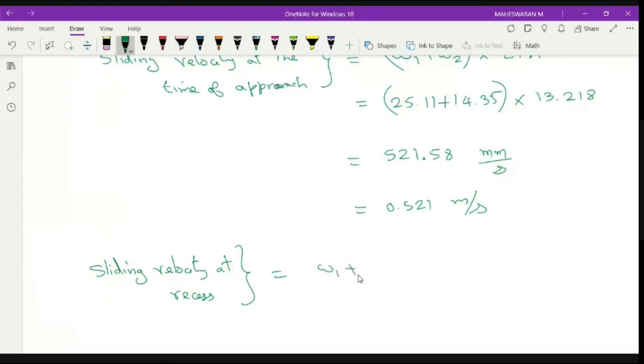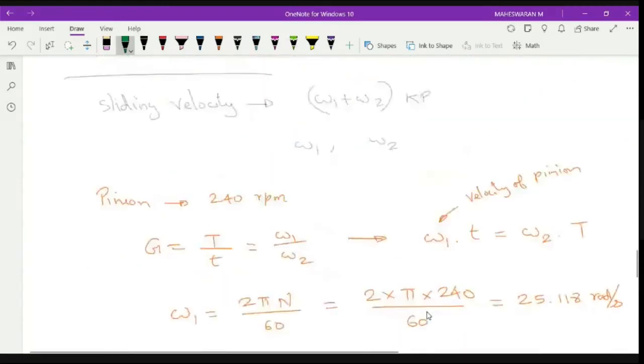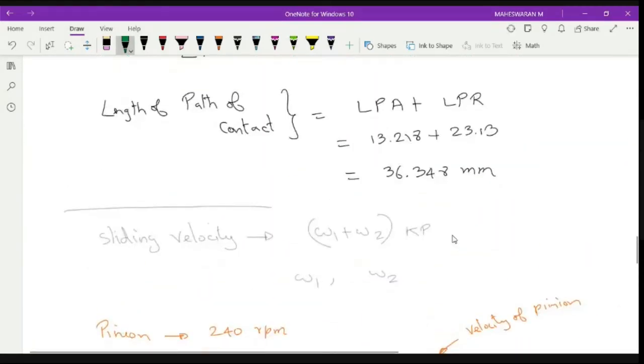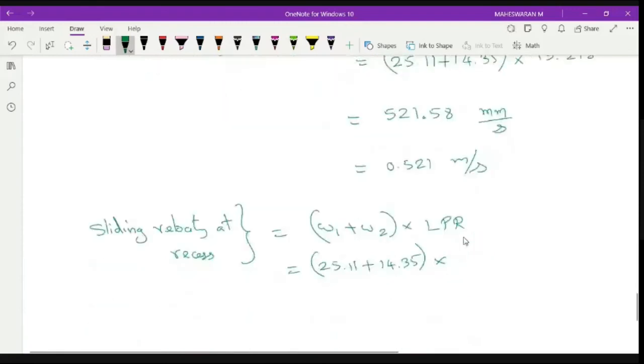Same, omega 1 plus omega 2 into LPR. That is the difference, right? Which is equal to 25.11 plus 14.35 into LPR is 23.13.